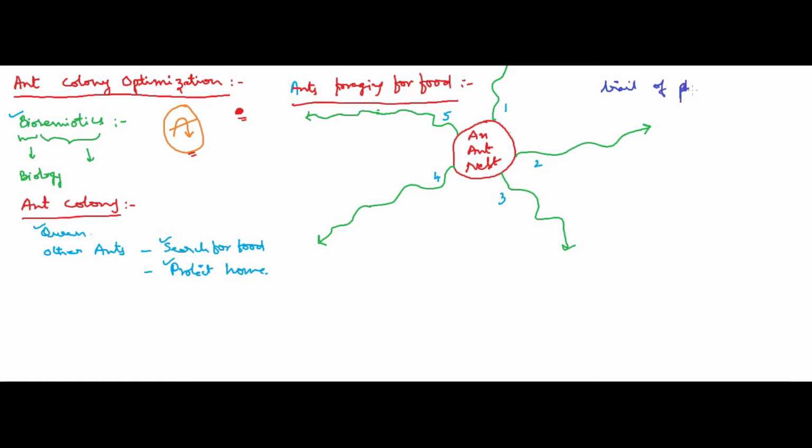Pheromone is a type of chemical released by the ants, which will be recognized by the ants only. Wherever they go, they simply release that chemical. For example, ant 2 is going in this way, releasing the chemical as it goes.